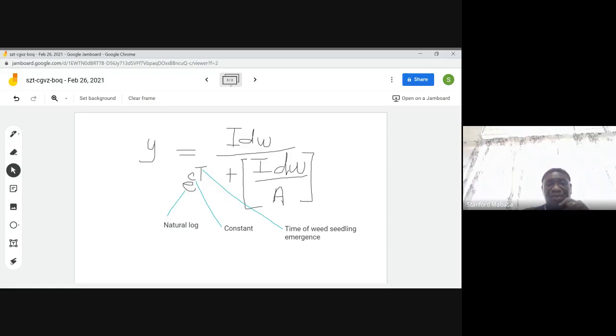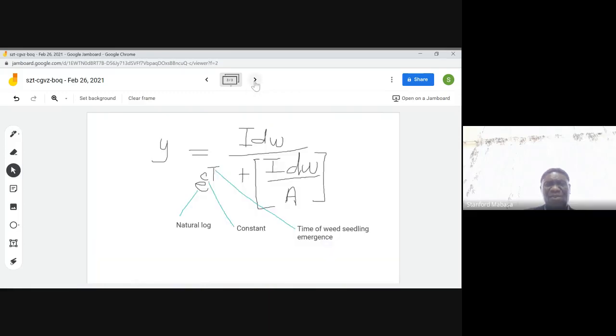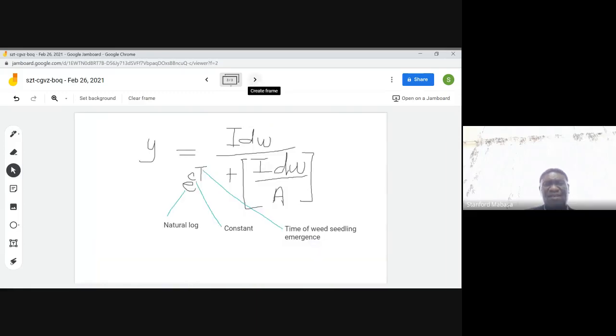Now, there are some people who proposed that the use of weed density is cumbersome and it may not be very appropriate.